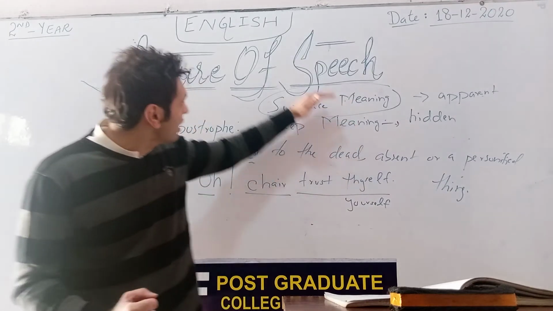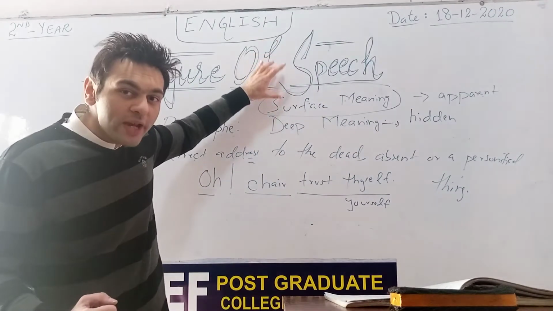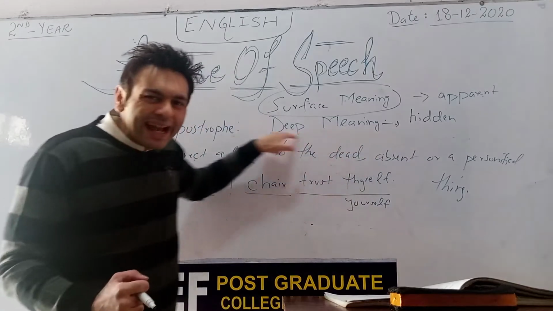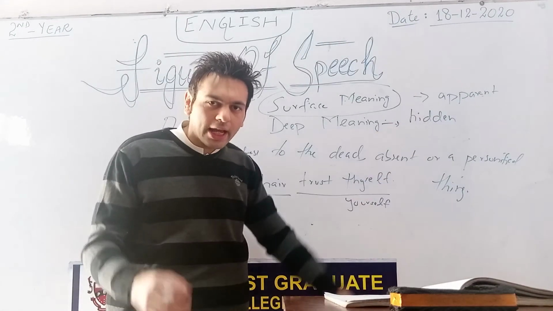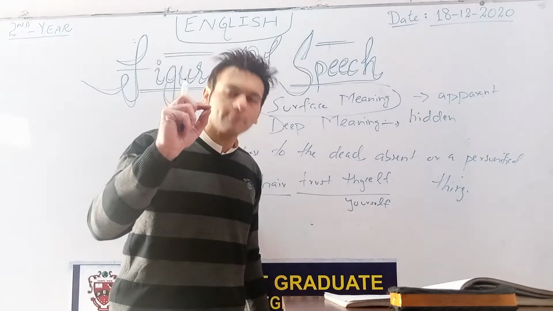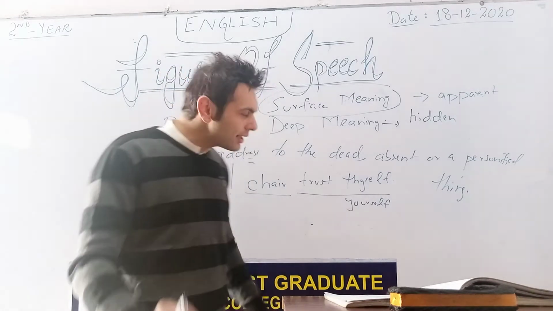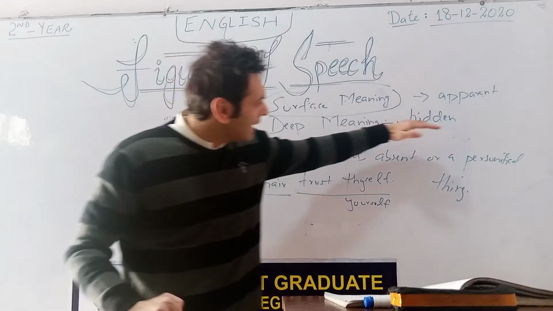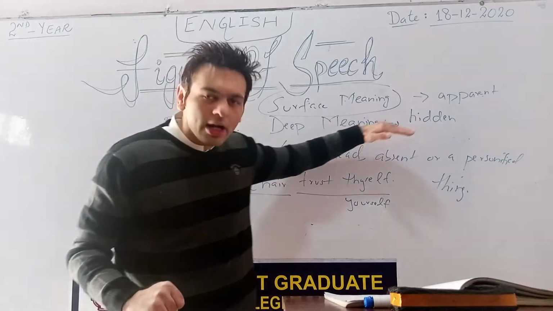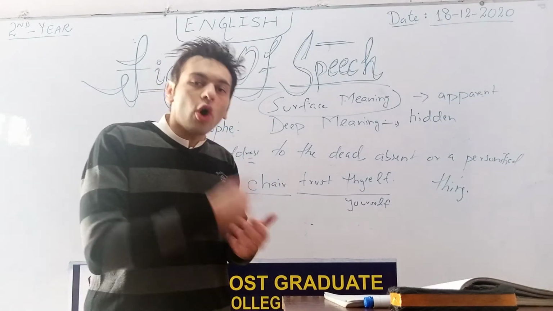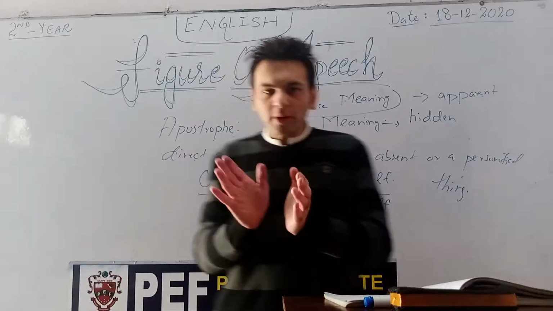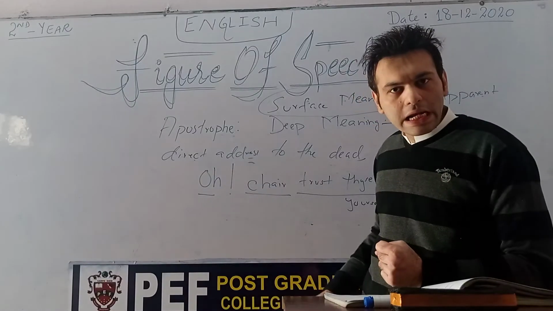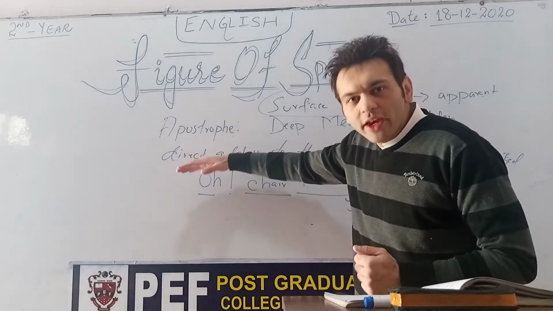The writer uses multiple different figures of speech in a literary text in order to achieve this deep meaning. इस deep meaning का मतलब जानने के लिए एक poet, खास तौर पे poet या prose writer, novel writer इन different figures of speech का इस्तेमाल करता है ताकि वो अंदाजा लगा सके about the different hidden meanings that the writer wants to convey. ये आपको पता करना है कि why we use apostrophe, why we use oxymoron, why we use irony, why we use simile, why we use metaphor.